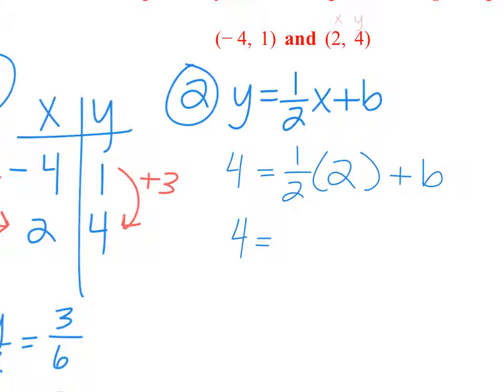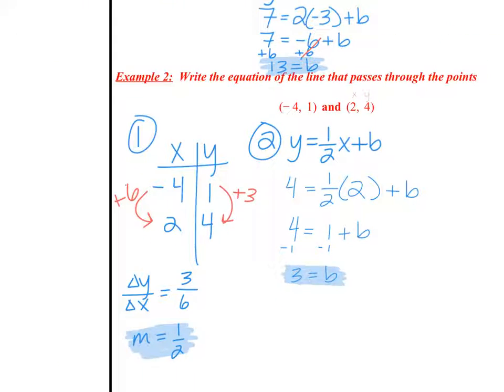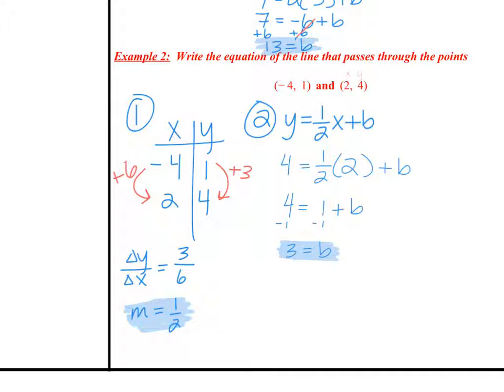You will see fractions a lot today, and it's okay. How do I get b by itself, Bobby? So the y-intercept is 3. That's important. You have m is 1/2, 3 is b.